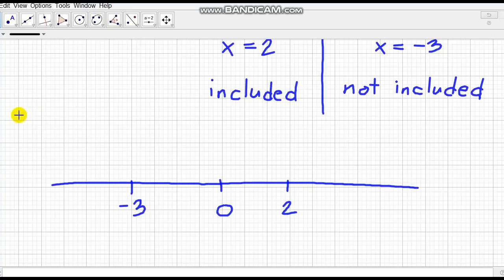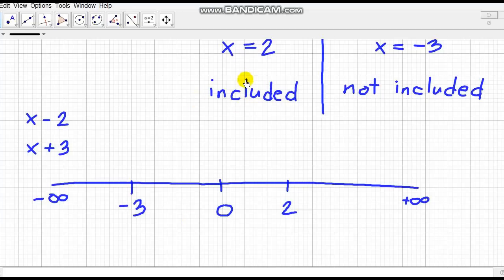Then we write here the two binomials: the x minus 2, the numerator, and the x plus 3, the denominator. By the way, this number line extends infinitely to the left, that's why we have a negative infinity here, and it also extends infinitely to the right, so we have here the positive infinity.